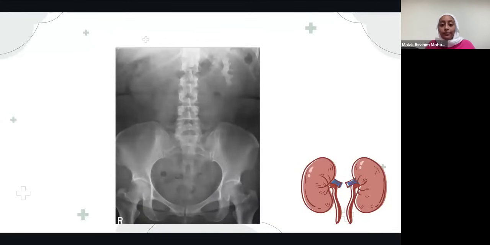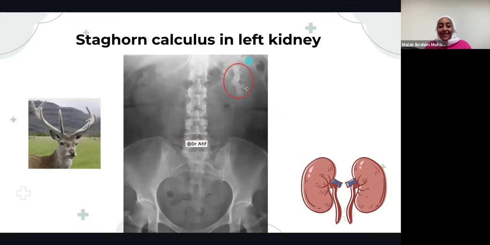Now this one. Perfect, MashaAllah, guys, you're all ready, trust me. It's the staghorn calculus in the left kidney. Why is it called staghorn?